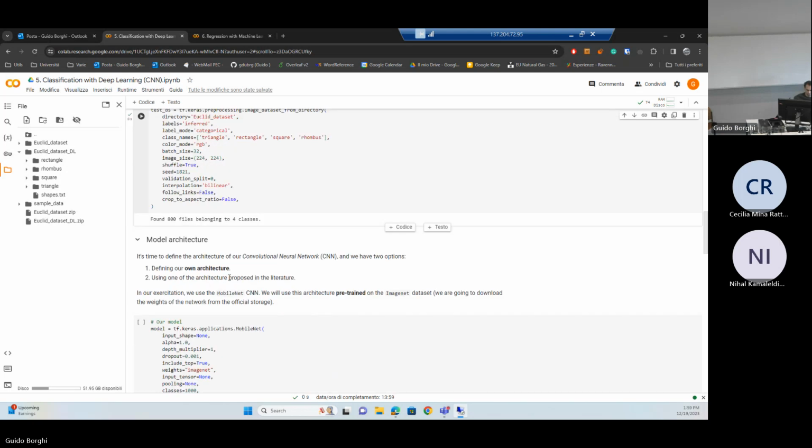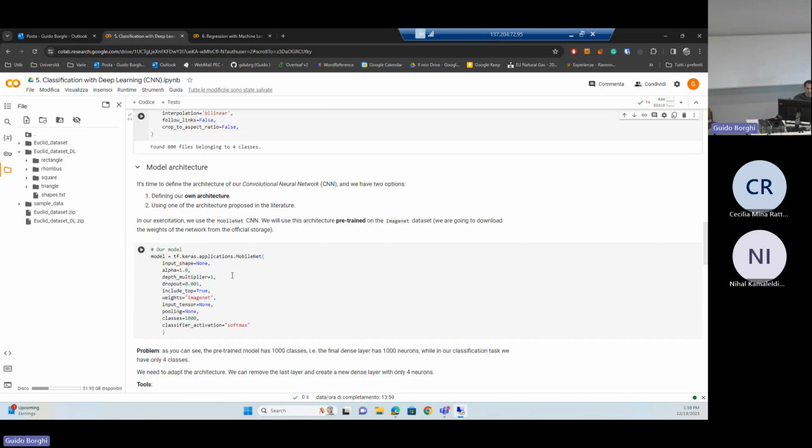Now it's time to define the model architecture, the architecture of our convolutional neural network. In this case, we have 2 options. The first option is to define our own architecture. So we can use the Keras methods in order to create a dense layer, a convolutional layer, a pooling layer, and then we can create our own network.